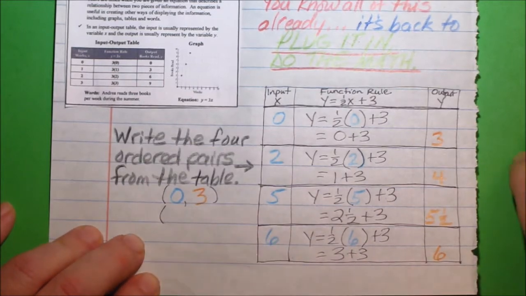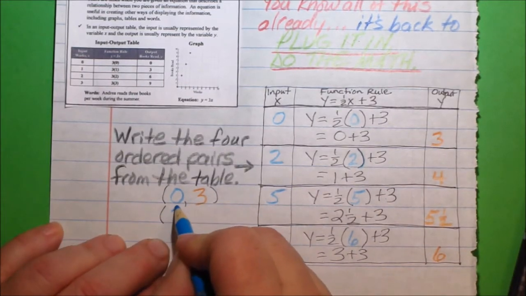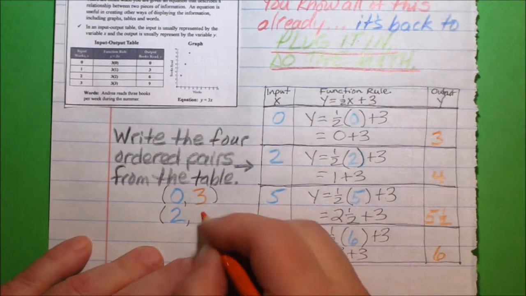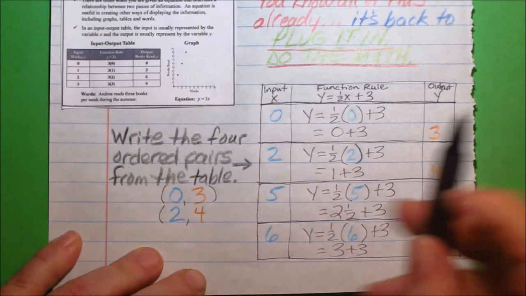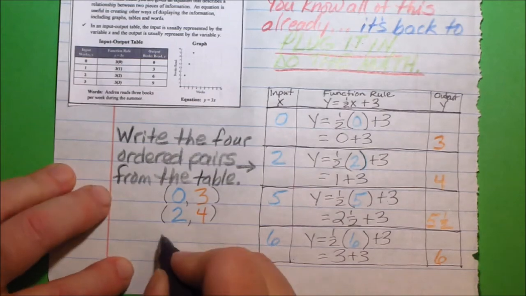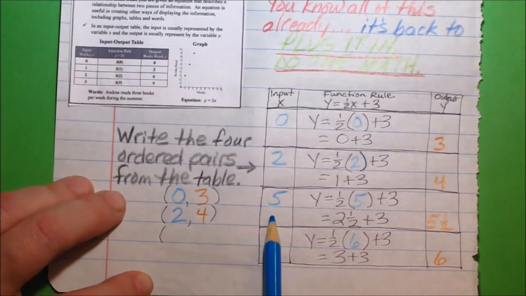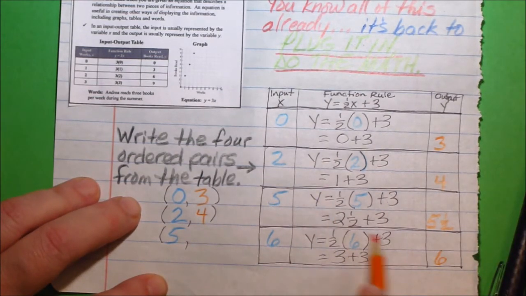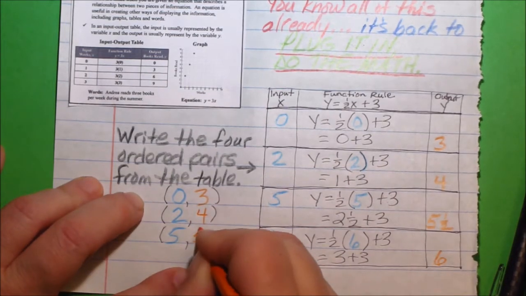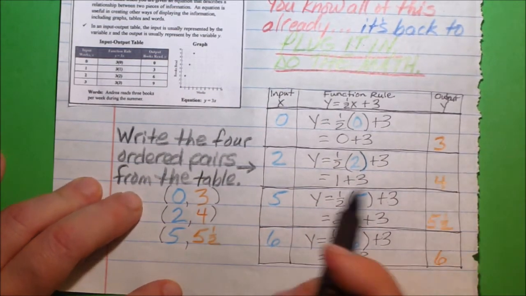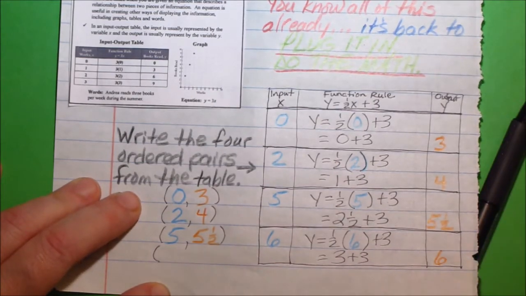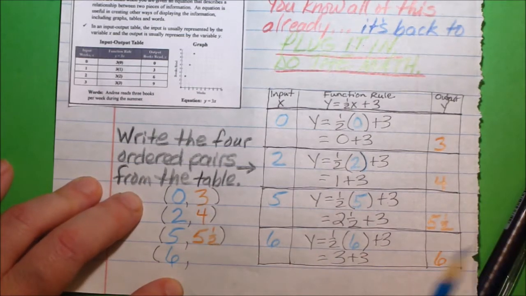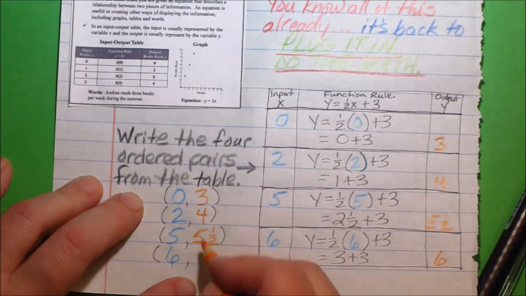The next one then is 2 for x and 4 for y. So where x is 2, y is 4. My third one is where x is 5, y is 5 1/2. And my last one, where x is 6, y is also 6.